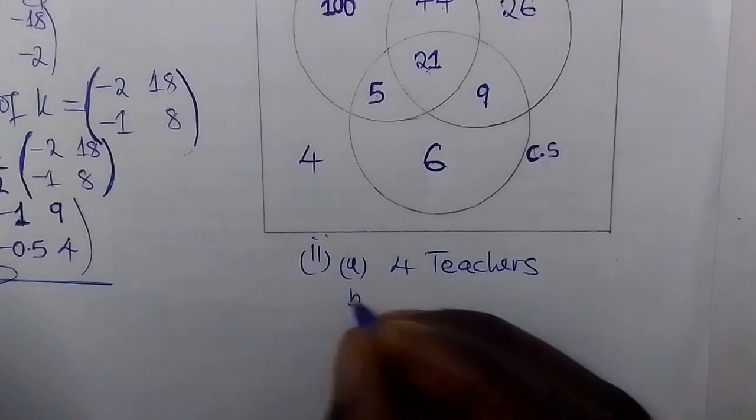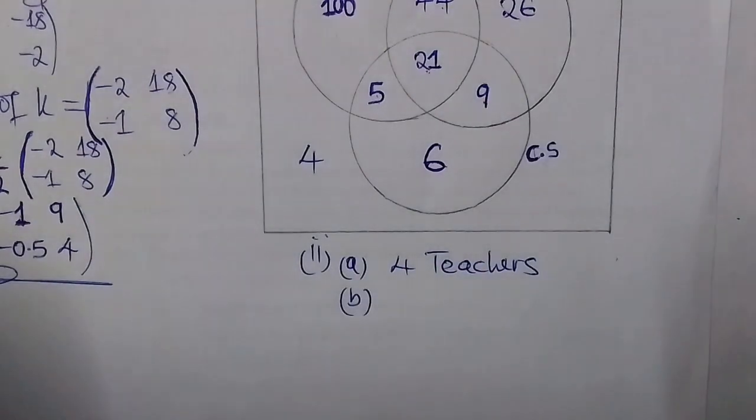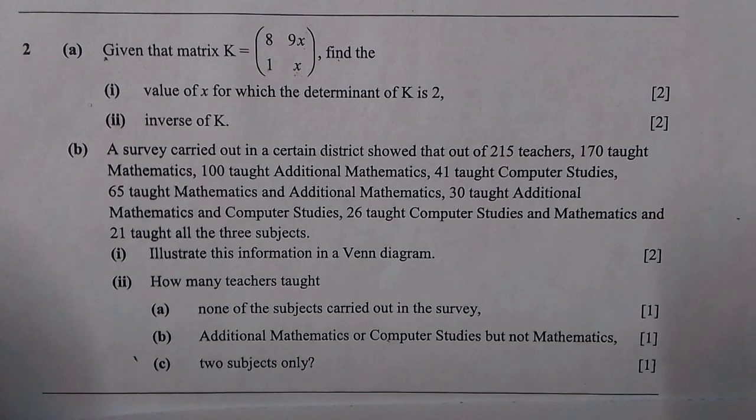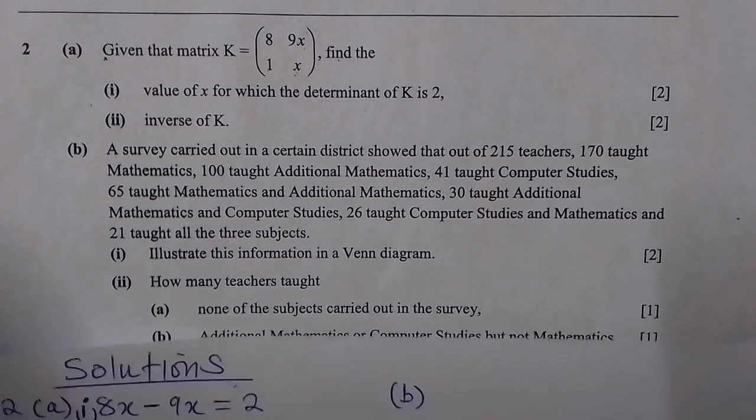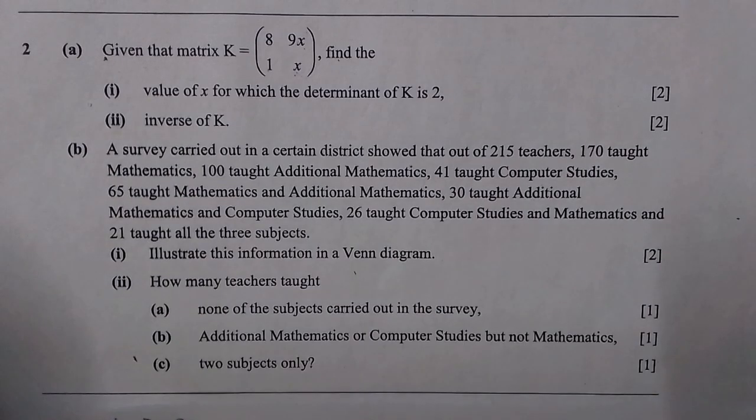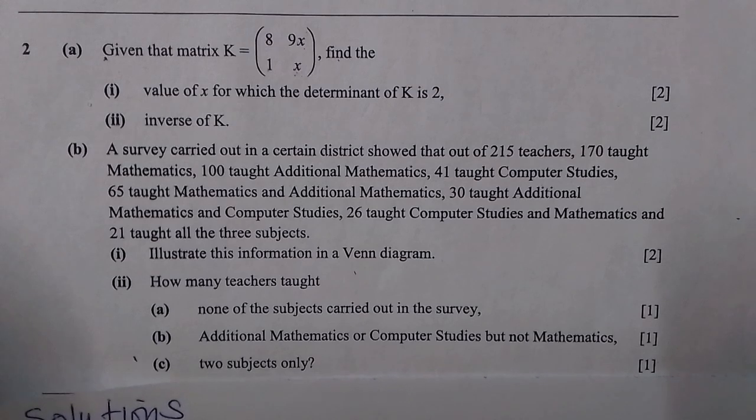Then for B, how many teachers taught additional mathematics or computer studies but not mathematics? So for this part, we are looking at the union of additional mathematics and computer studies, and also the complement of mathematics. So meaning that mathematics is excluded here.